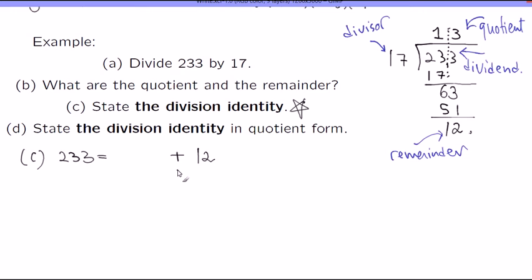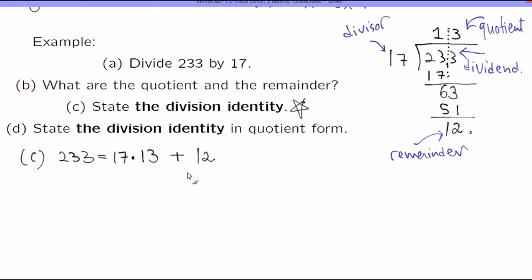Who knows the first term? 13 is not the answer. 13 times 17 is correct. 17, the divisor, comes first, and multiply by the quotient. After that, if you add the remainder, you get back to the original number, 233. What is the name of this one? Division identity.